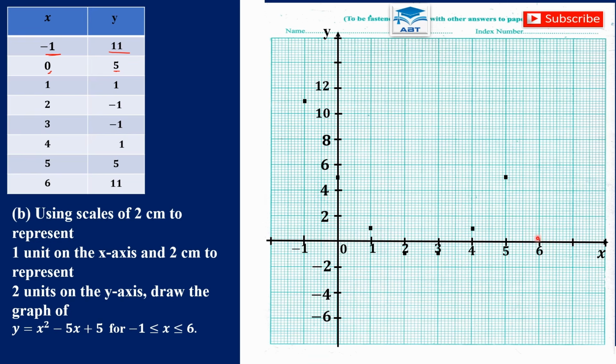This is 6 on the x-axis, 11 on the y-axis is here, so they are going to meet here. Put the point there. Then we draw a smooth curve between them. So this is our graph of the relation y is equal to x squared minus 5x plus 5.